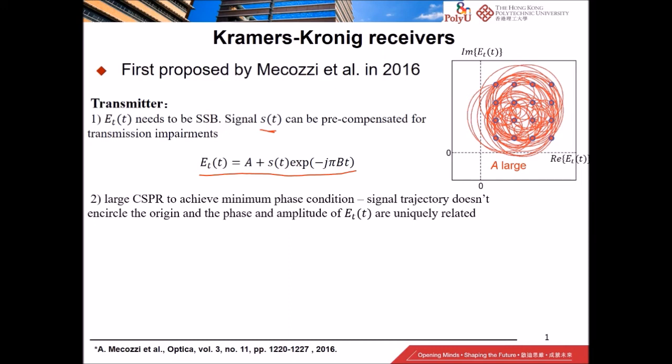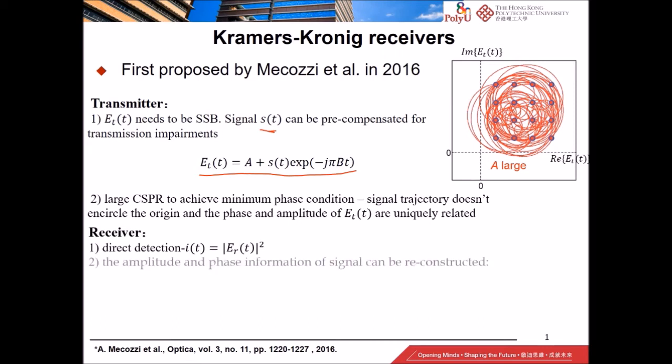Okay, so if that is true, then one can show that the phase and amplitude of the overall signal are uniquely related. In particular, once you receive the direct detection signal at the receiver, one can recover the amplitude and phase information of the information signal as follows.